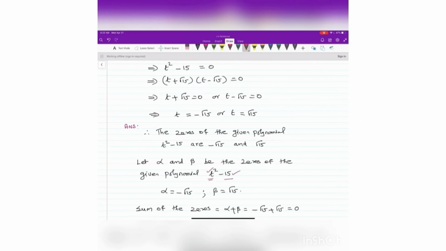Now, in my next session, I will be working out questions based on the same two concepts from previous year's question papers. When I do questions from previous year's papers, you will get to know how the questions can be asked based on these two concepts. It may not be similar to what we have done in today's class.